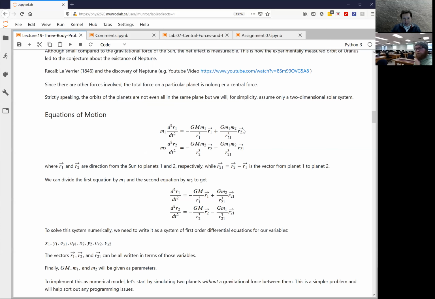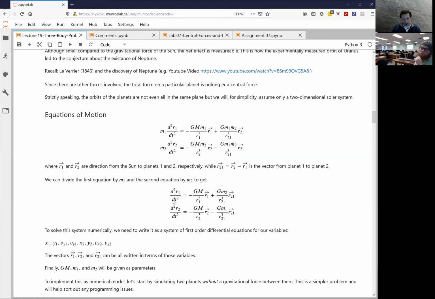Now, if we take these equations of motion, and we divide by the mass m1, and we take the second one and we divide by the mass m2, what we're left with is this system right here. It's saying what the position r1, the position of planet 1, is with respect to the sun, and including the force of gravity from the other.